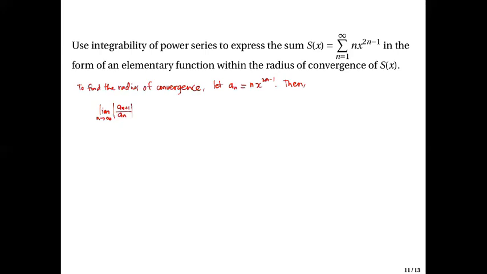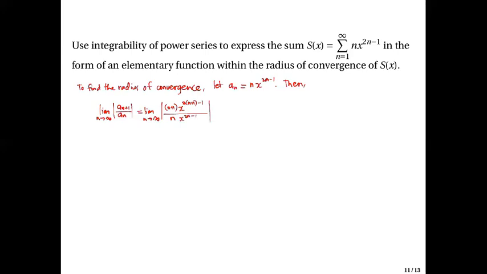Then this is equal to the limit as n approaches plus infinity of the absolute value of n plus 1 times x raised to 2n plus 1 minus 1, all over n times x raised to 2n minus 1.